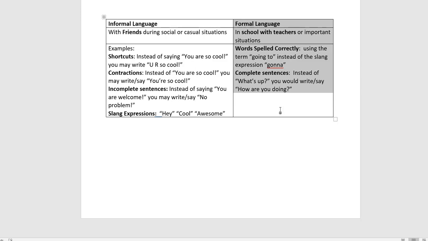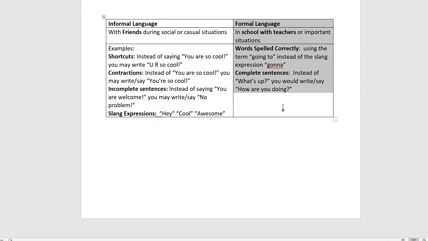And in formal language, you want to make sure that words are spelled correctly. So that means to use the term going to instead of the slang expression gonna. So here's an example. If I'm with my friends, I might say, I'm gonna go to the park.